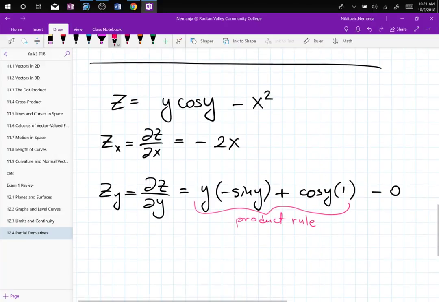So, as I am simplifying this, z_y is equal to, you always look if you can factor anything, because remember, we're going to do application for this, right? Eventually we're going to say equal to 0 to find critical points. We want min, max, and all that stuff that we did in Calc 1. So, if you can factor, factor. Well, we can't do anything here, so it's cosine y minus y sine y.